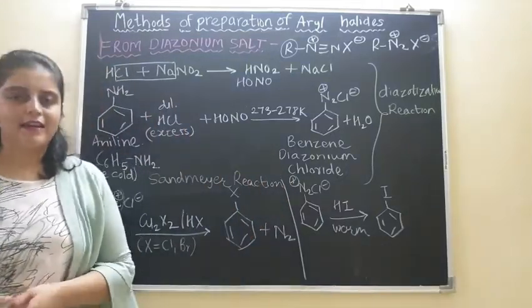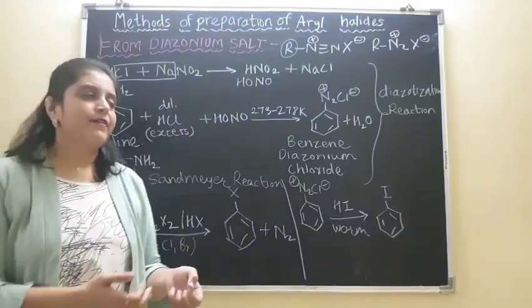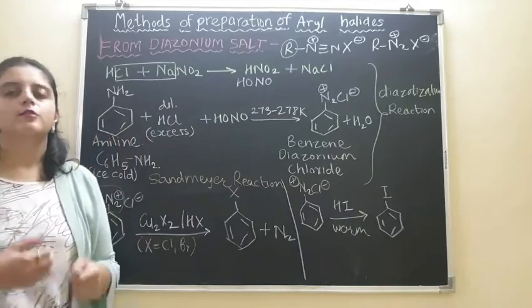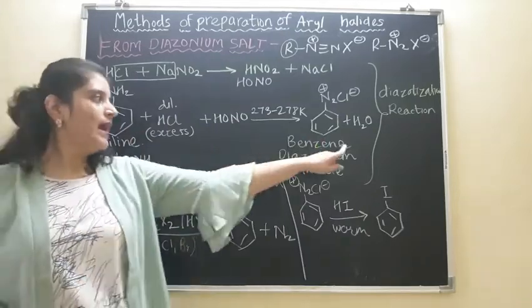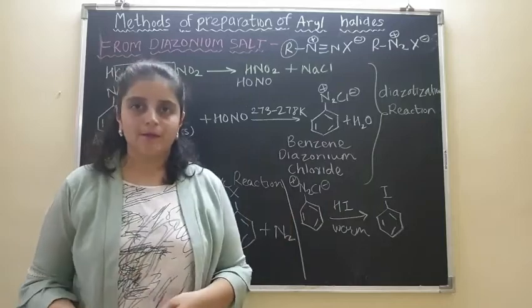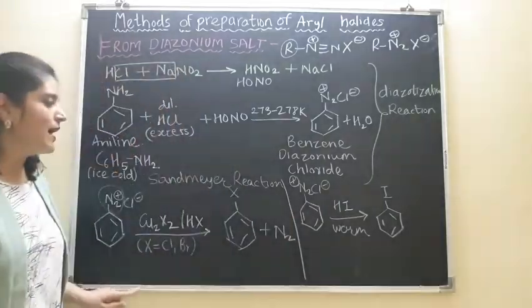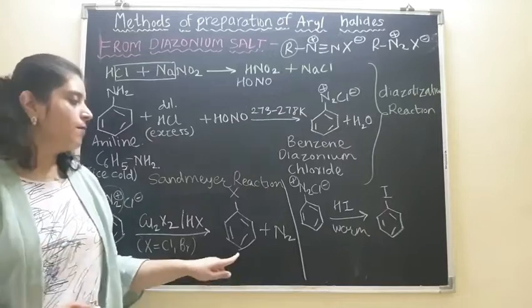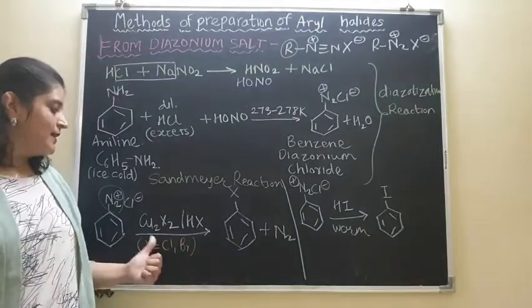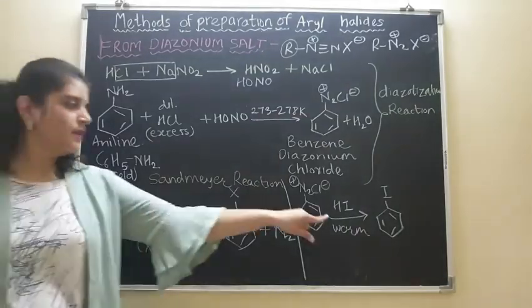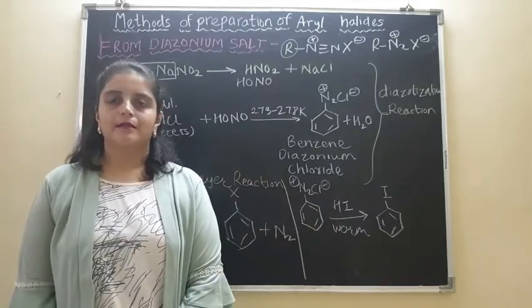What we have done right now is we started with an ice cold solution of aniline and formed benzene diazonium chloride. Then by taking freshly prepared benzene diazonium chloride, we can easily form our halobenzene, that is chlorobenzene, bromobenzene or iodobenzene.